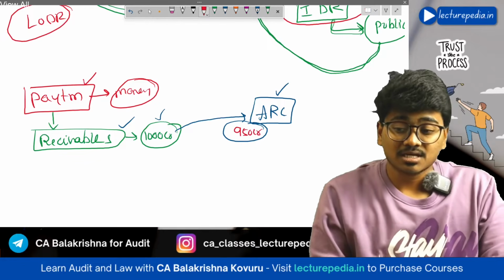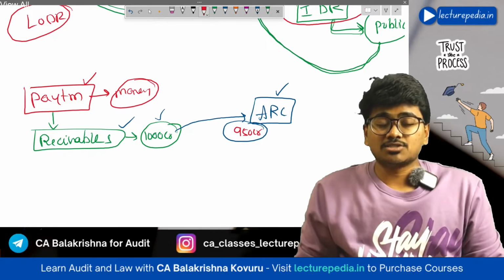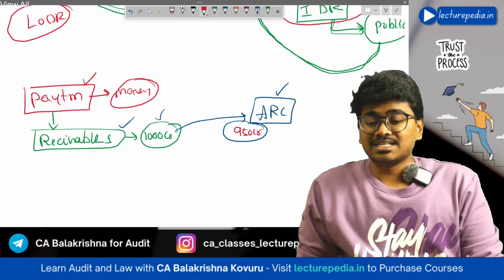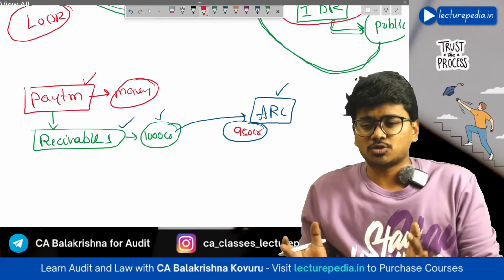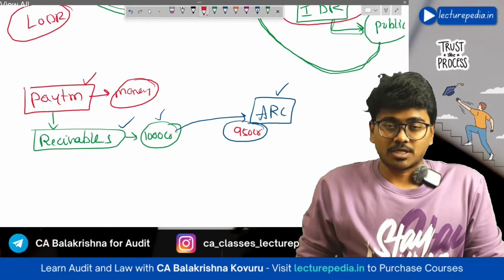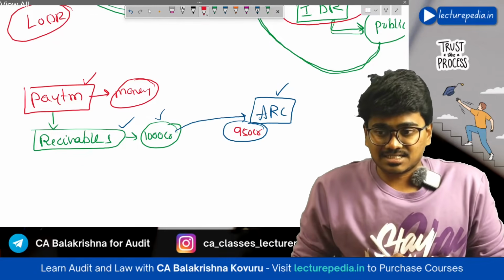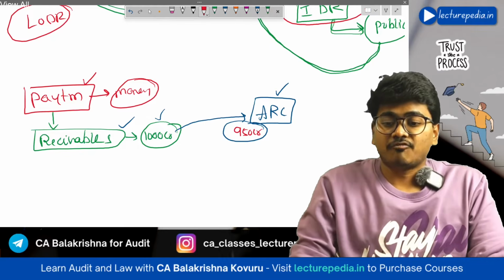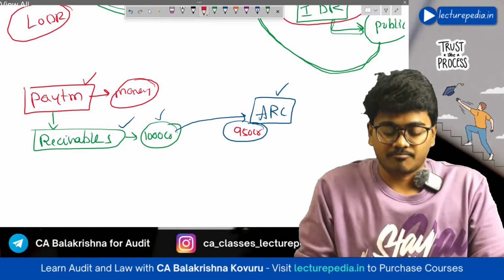Why? Because Paytm is not able to realize this amount. Since it is not able to realize it, it is selling all these receivables together at a lesser price. Now the asset reconstruction company has to pay 950 crores to Paytm for purchasing these receivables.